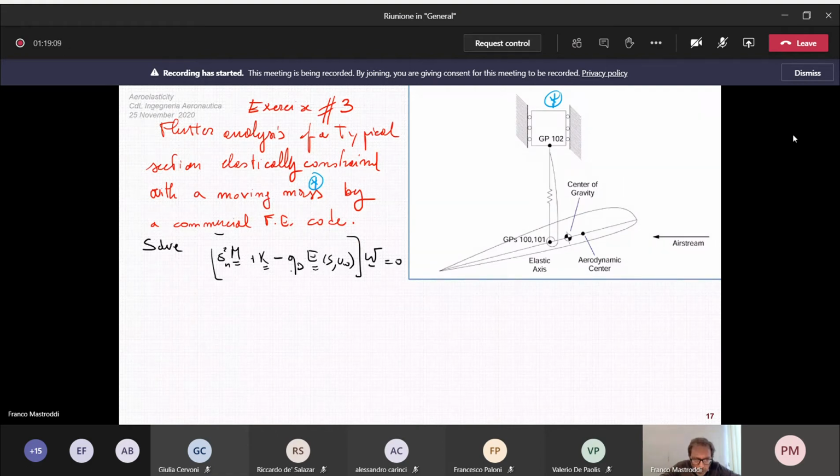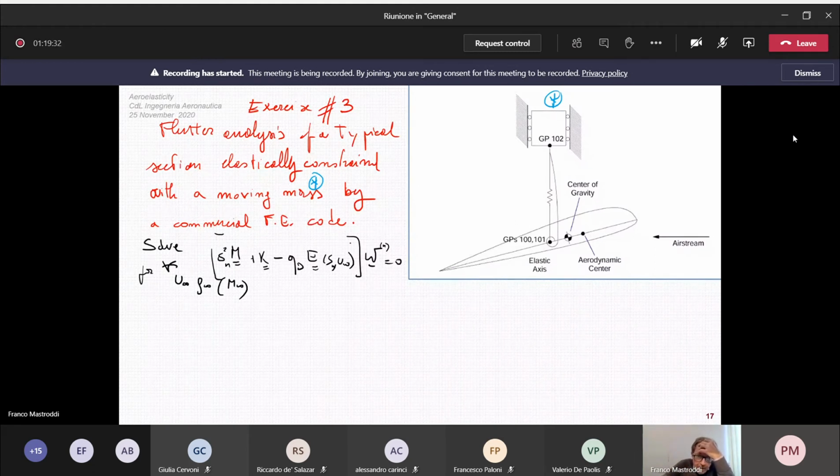So it is able to evaluate the poles and the complex eigenvectors for any U infinite and density, and Mach number if you want to perform a compressible flow.